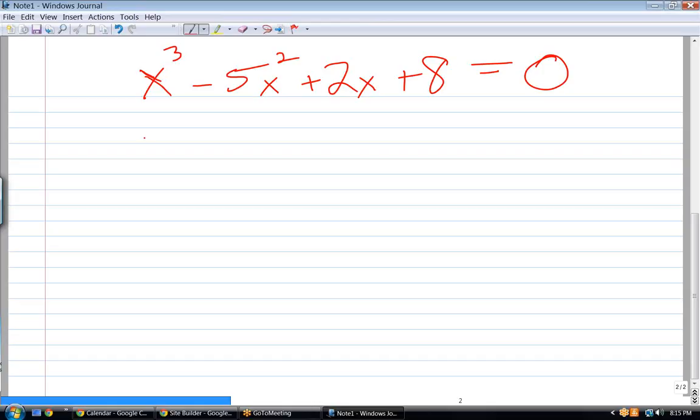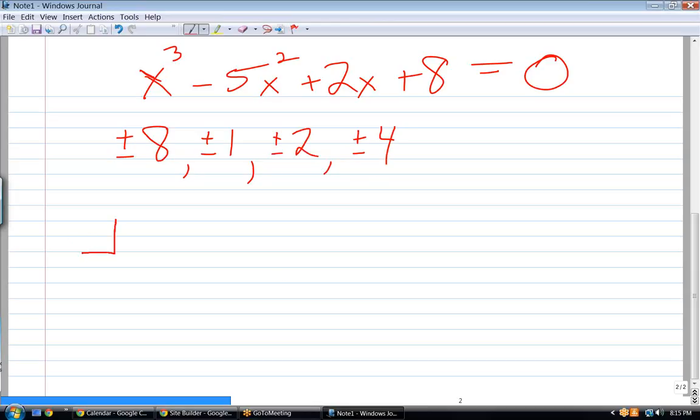So the rational root theorem, what are our possible solutions? What else? We would have 4 and 2. Okay, so here's 8 more.